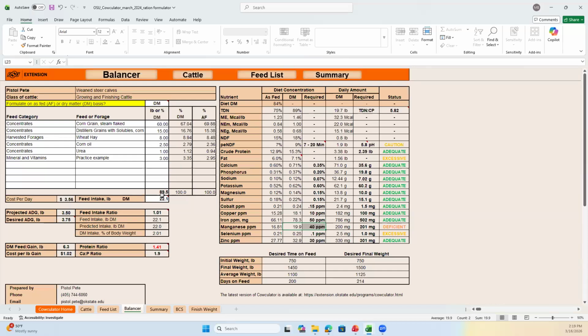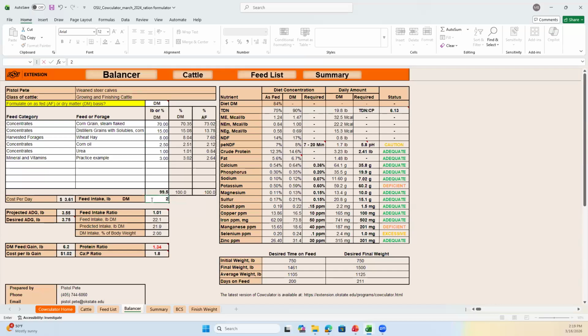Oh, wait. So here, why doesn't it add up to 100? Because I didn't get it up to 100. So now I'll start playing around with this to get my NEM, NEG right, my crude protein right. I need to go up another 5%. Okay.